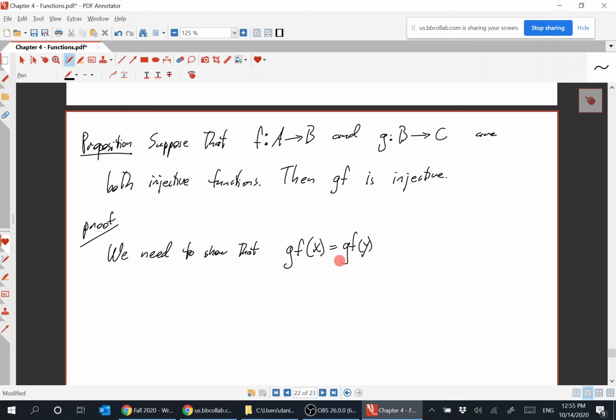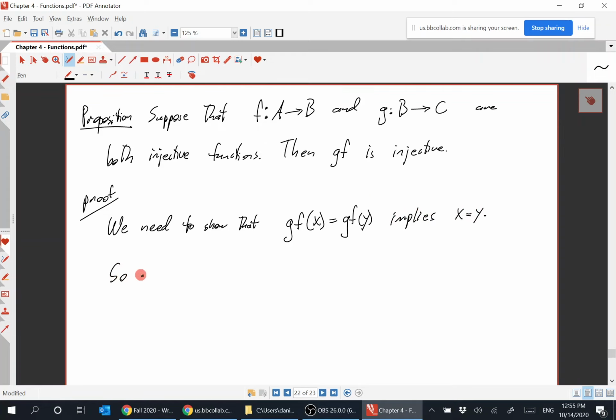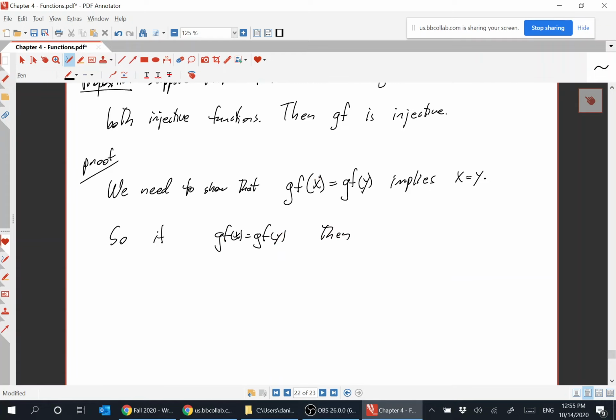So g f x equal to g f y should mean what? That implies that x equals y. Yeah, implies x equals y. All right, so if g f x equals g f y, then, well, what does g f mean? What does g following f mean?